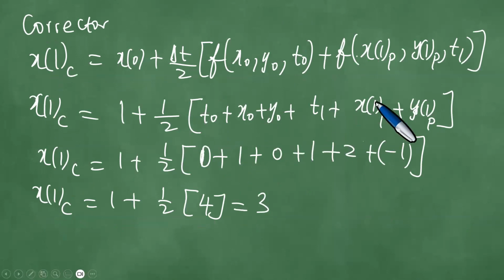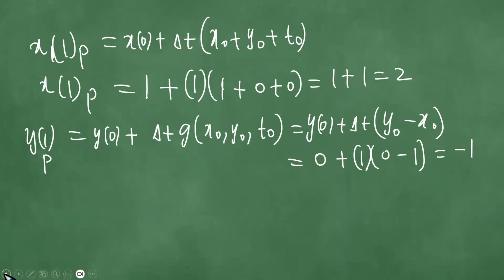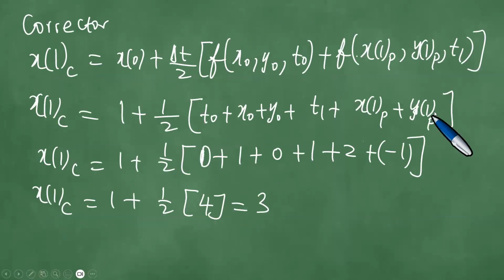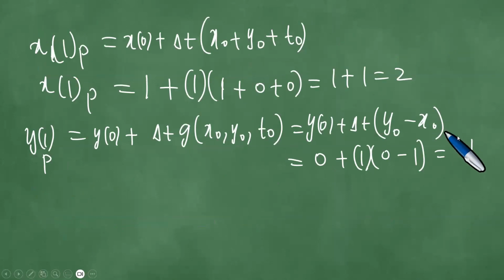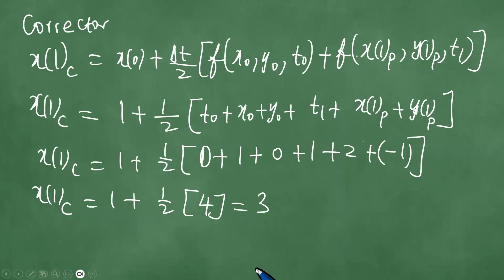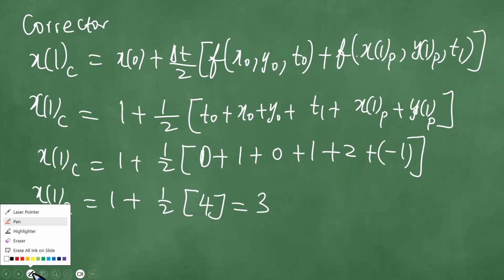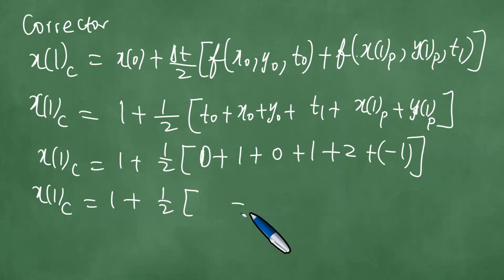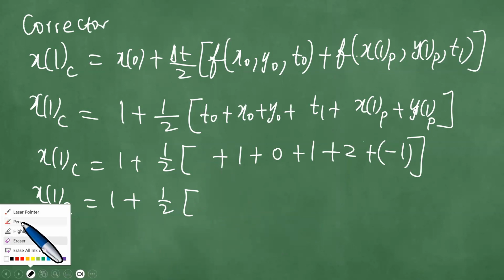T1 is 1, the X1P is 2. And the Y1P is minus 1. All right, so I just continuously check this to make sure that we have no errors. So it means we just need to add this correctly here.